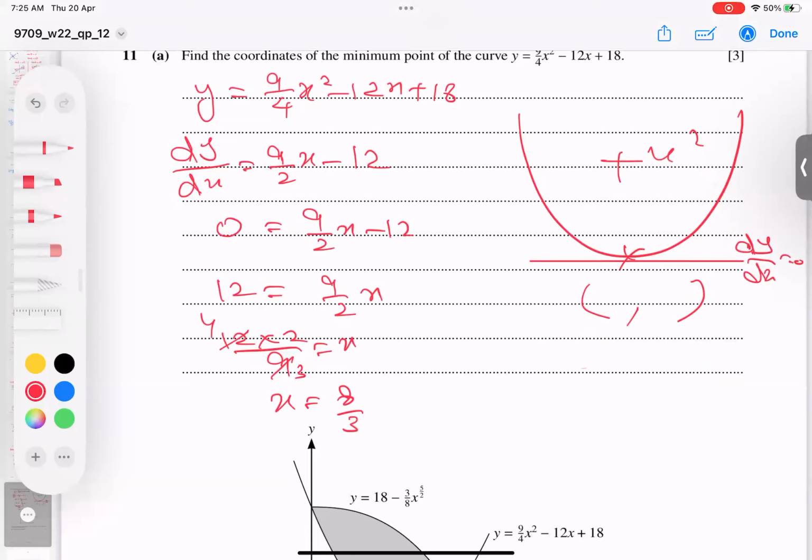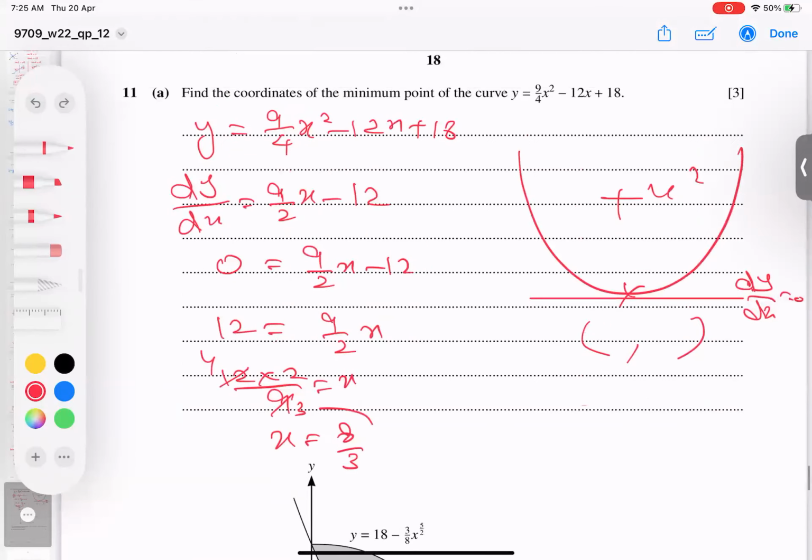Then he's asking for the y coordinate. Coordinate means the y coordinate as well. So I will plug this value back in the equation. I'm finding here y equals 9 over 4 times 8 by 3 to power 2, minus 12 times 8 by 3, and plus 18.